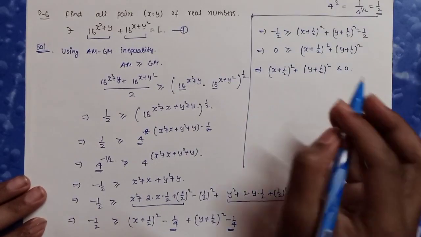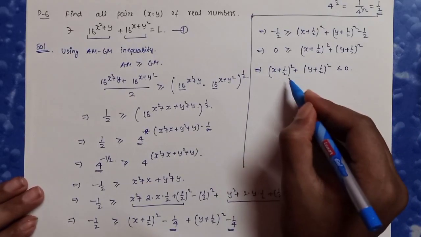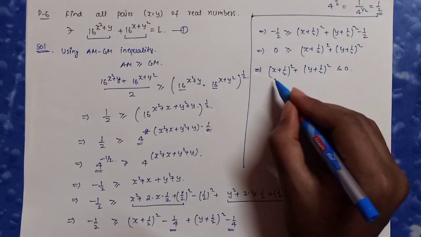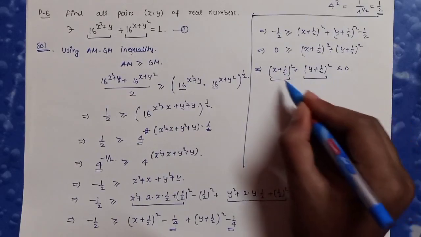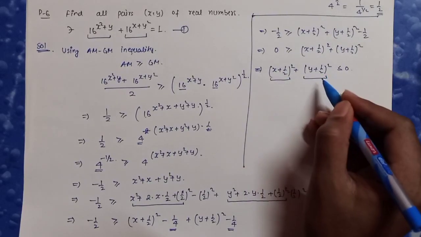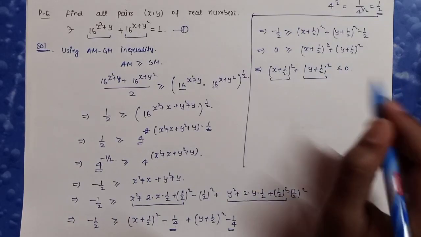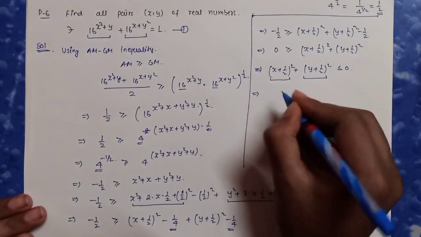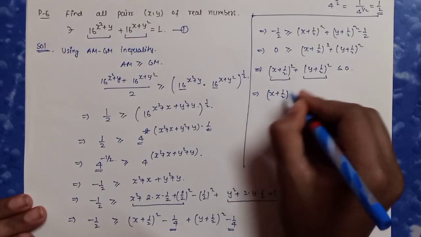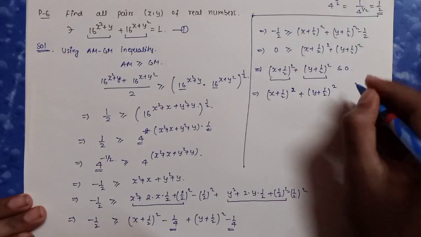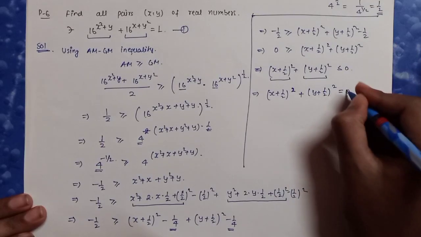We also know that the square of any quantity is non-negative, that means it is either positive or 0. So the sum of two non-negative terms, because these both are squares, can never be negative. So we can conclude that x plus half whole square plus y plus half whole square must be equal to 0.